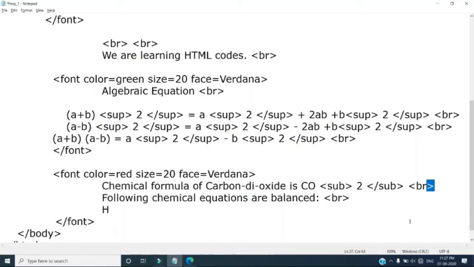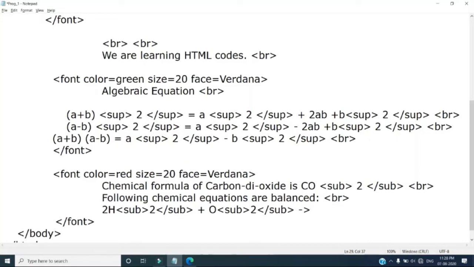So subscript we will copy, H2 plus O2. Then we will balance the equation the way we usually write in a copy or in the book.